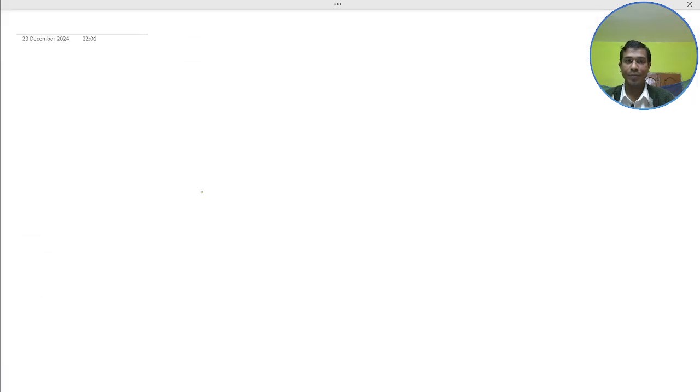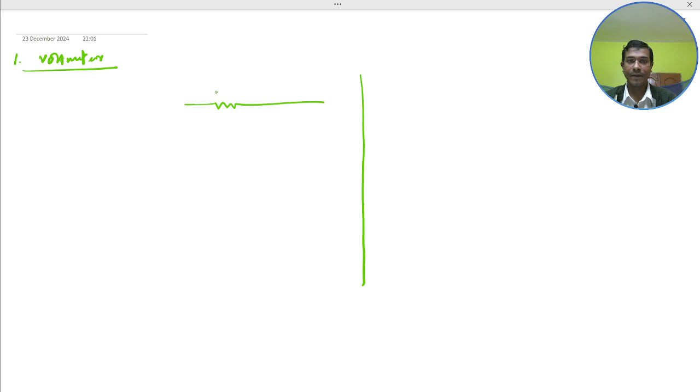basically the voltmeter. So a voltmeter is a device to measure a potential difference. As usual, let us define. So this is a resistance, and here is another voltmeter with a resistance.